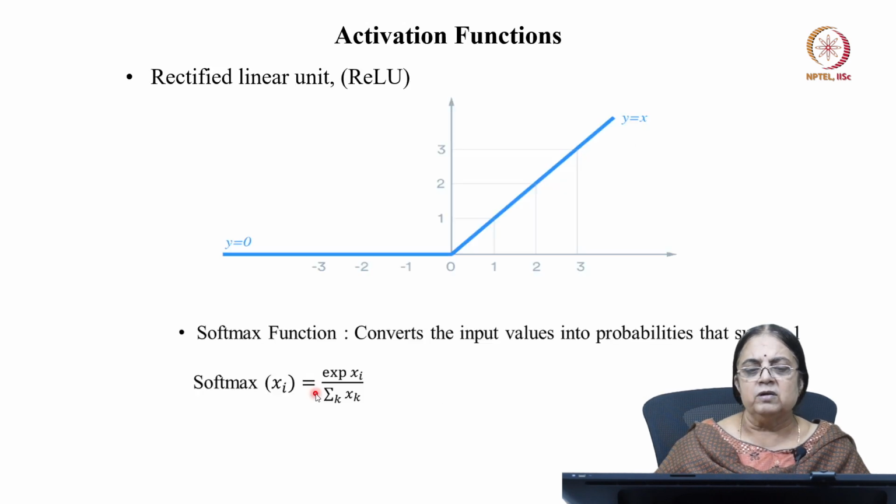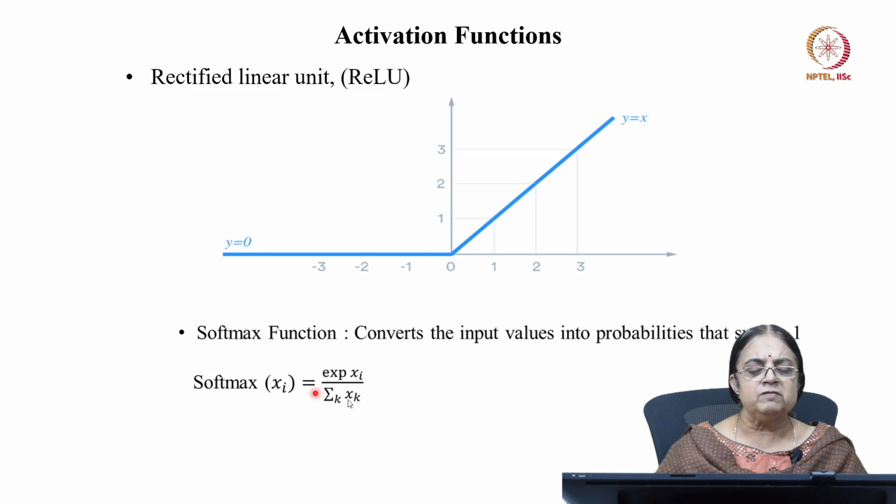For example, this is what is called the ReLU function. You find that depending on the value of x that you have, you get different values of y. If x is negative, then your output will be 0 basically.